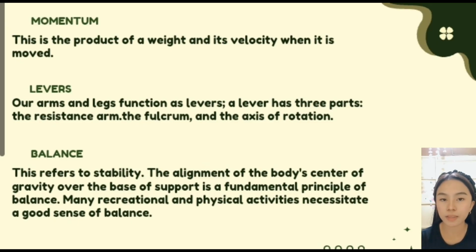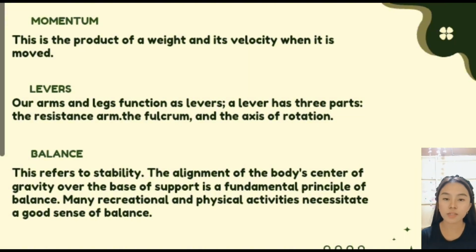For example, kapag nagtaas ka ng timbang gamit ang isang dumbbell, ang iyong braso ay kumikilos bilang lever. So, ang iyong siko ay ang fulcrum, habang ang bigat ng dumbbell ay ang resistance arm.